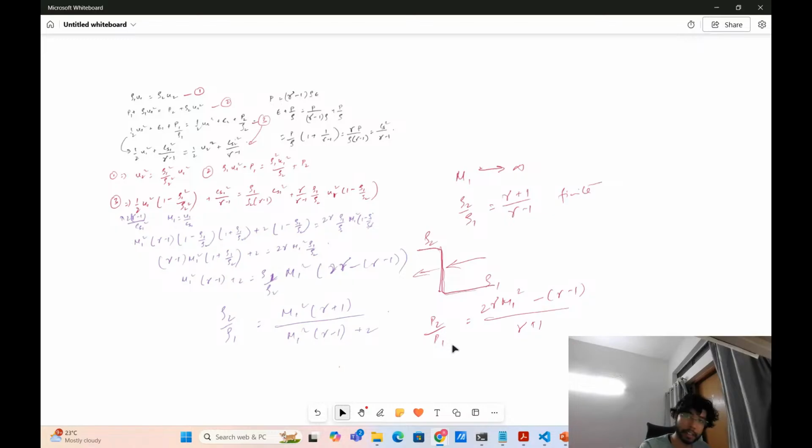So why is there an infinite jump? Because as we know, pressure is proportional to rho 1 kT1, right? Also this rho 2 by rho 1 is finite, but T2 by T1 is not finite. That is what is causing an infinite jump in the pressure across the shock. It just means that the shock front is basically heating up the material, as we were also discussing earlier.